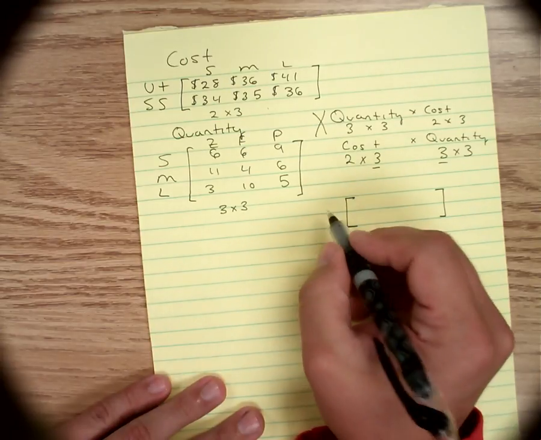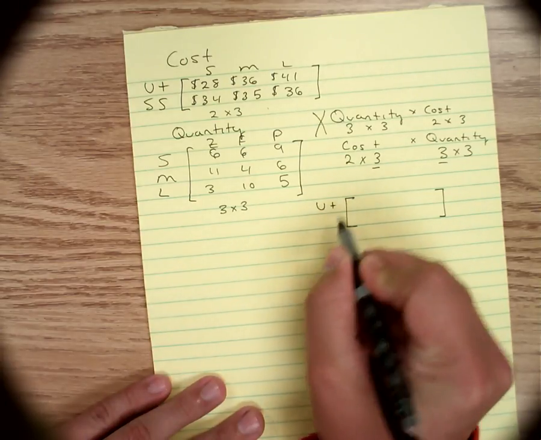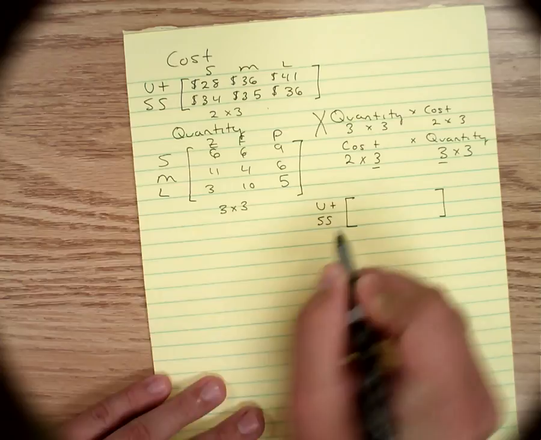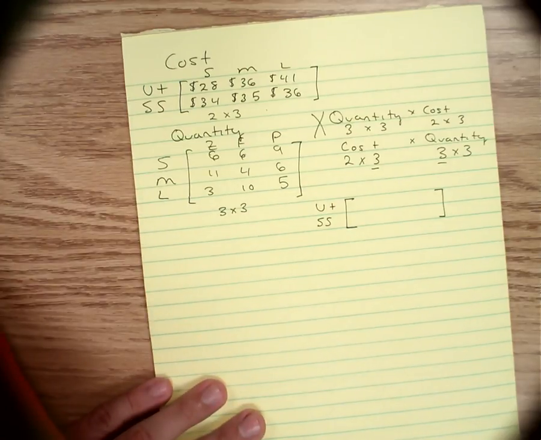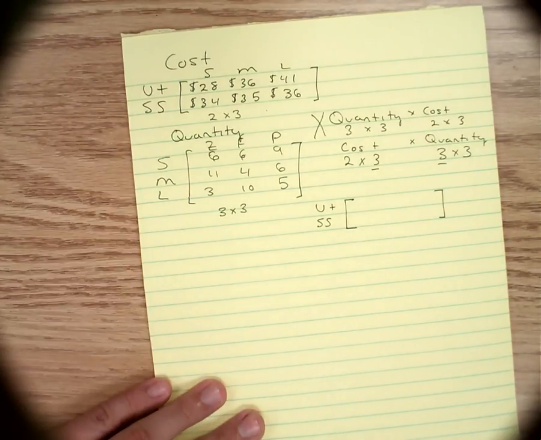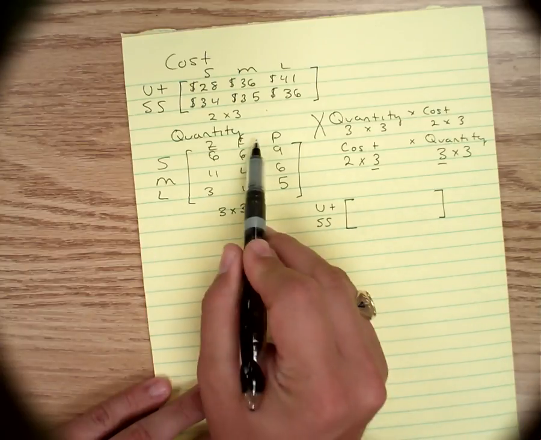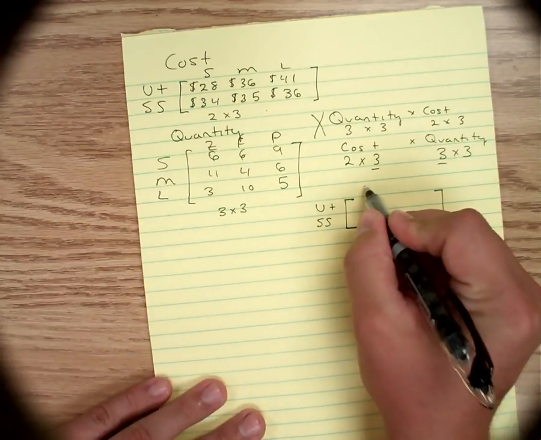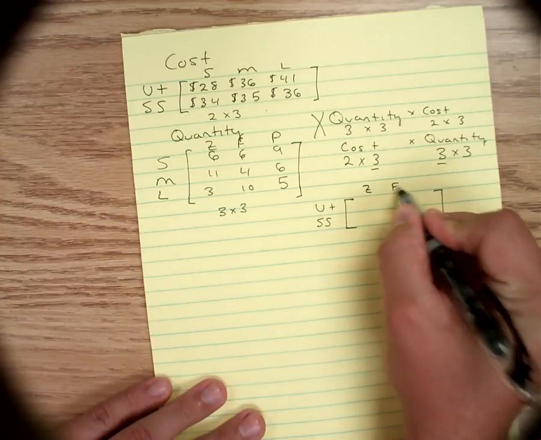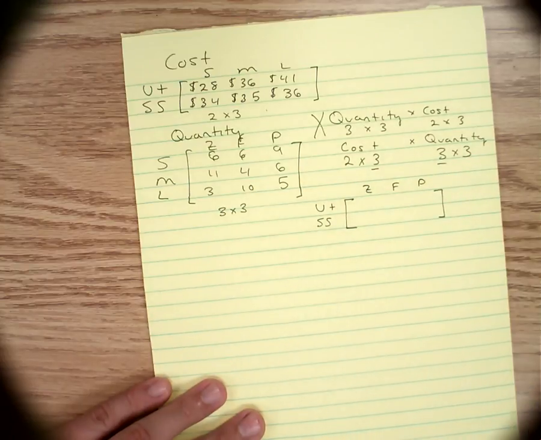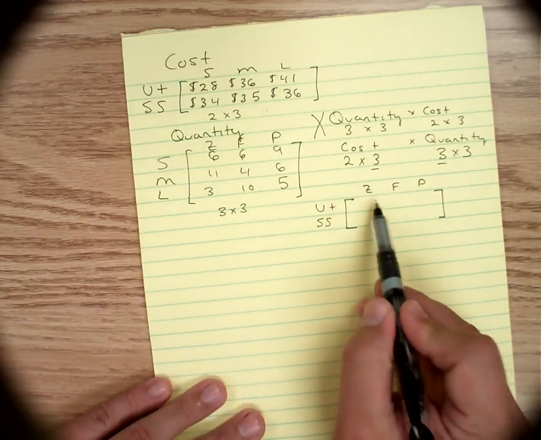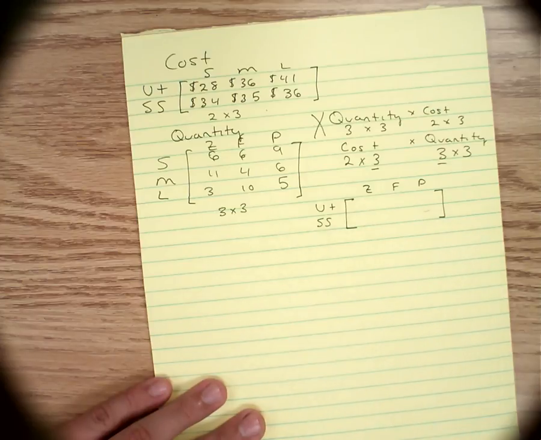And those 2 rows represented Uniforms Plus and Sporting Supplies, sorry. And the 3 columns would have been for Zephyrs, Flyers, and Pioneers. So what's the result?